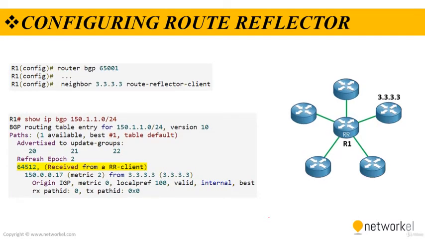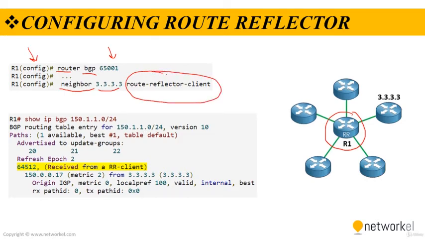So let's check the configuration also for the route reflector. In here you can see we have one route reflector, and that is router 1. When we're trying to configure the route reflector, we are just typing router BGP and the AS number. Then when we define the neighbor 3.3.3.3, we are just typing route-reflector-client, and the configuration is really pretty straightforward.